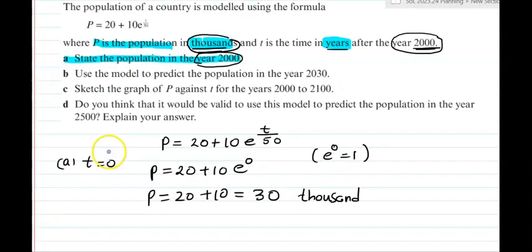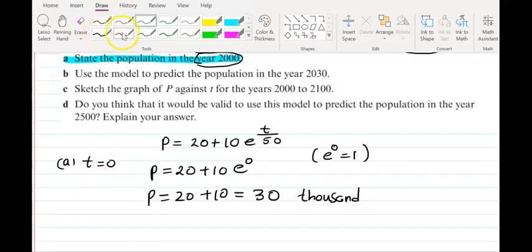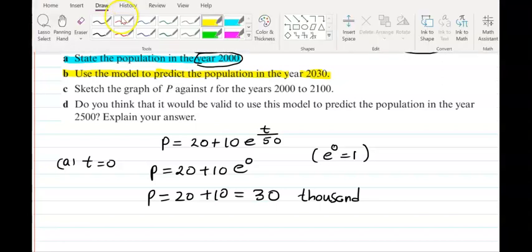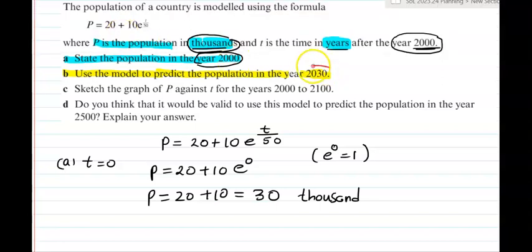In part B, it is asked: use the model to predict the population in the year 2030. We started with 2000. The difference is how much? 30 years, right? So t equals 30.